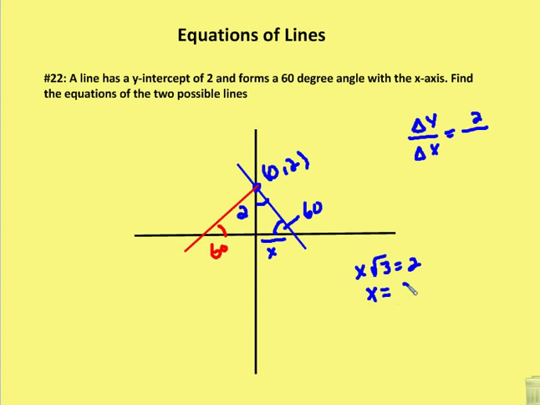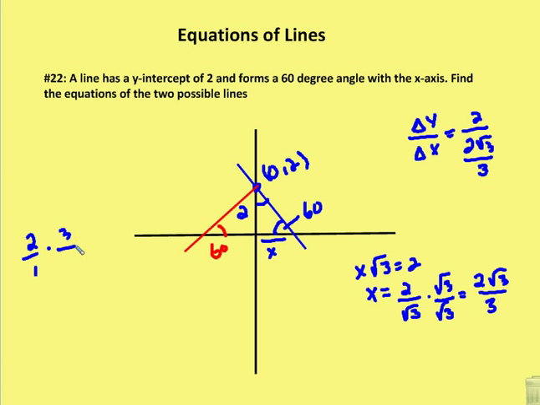We get x is equal to 2 over root 3. And remember, we can't have a radical in the denominator, so we multiply both the numerator and denominator by root 3. And then we end up with 2 root 3 over 3. So now we have our x change from 0 to 2 root 3 over 3, which is the same as 2 over 1 times 3 over 2 root 3.